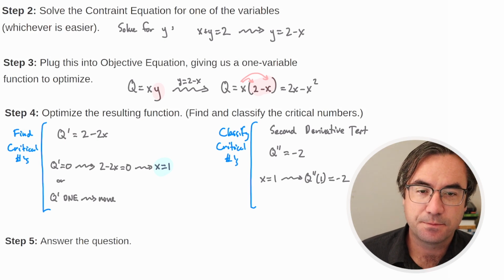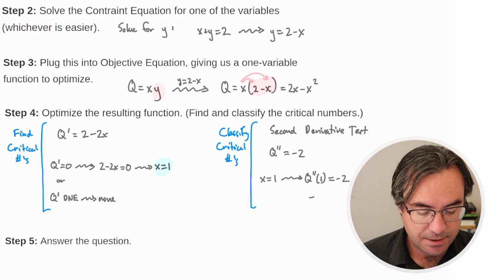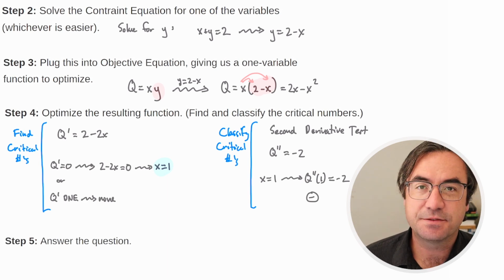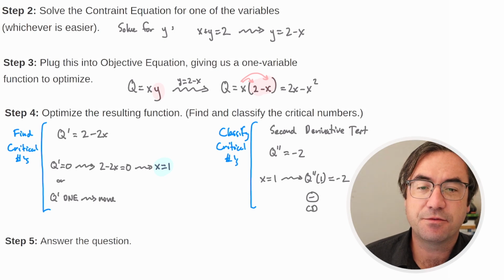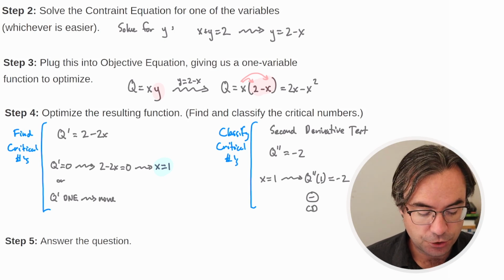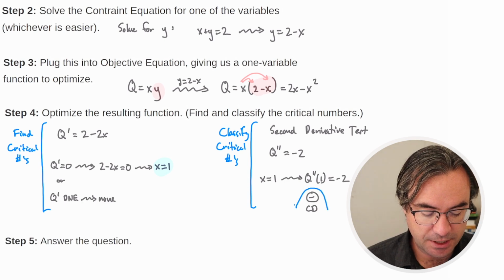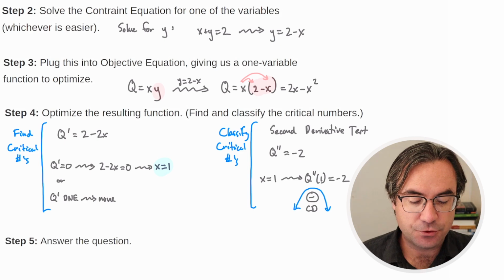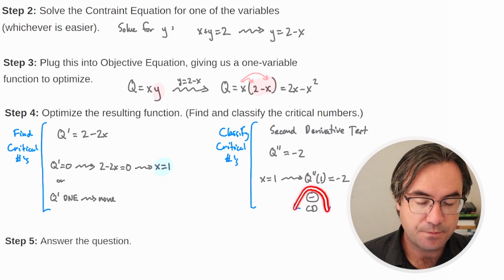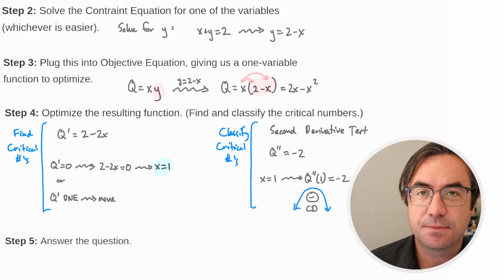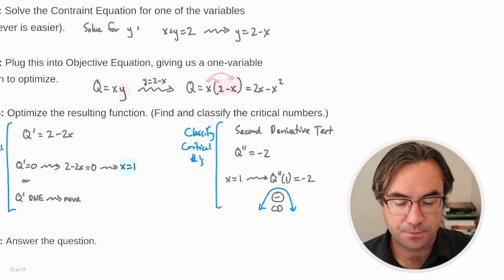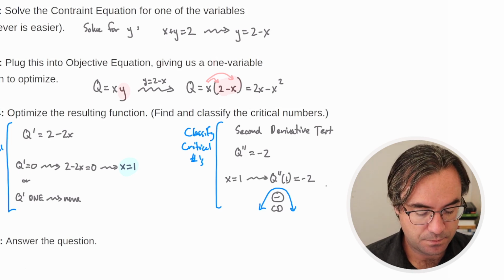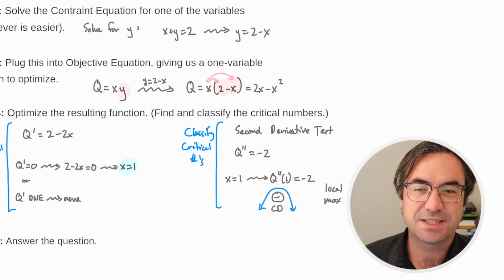And if we remember our second derivative test, negative second derivative, think of this in terms of the shape of the graph, means concave down. Draw what the concave down shape looks like. And if you draw it, looks like we have a local max. And that's precisely what we have. So we can say we have a local max.